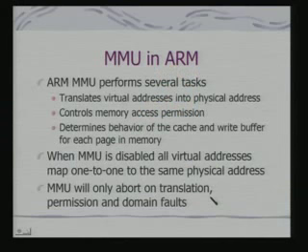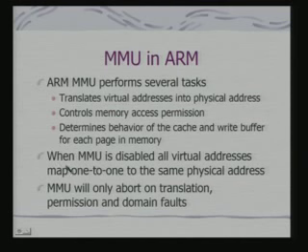So, the ARM core comes with an MMU to support virtual memory, and the primary motivation for providing this kind of MMU capability is not only to have demand paging, but most importantly to implement protection. So, like any other MMU, the ARM MMU also translates virtual addresses into physical addresses, controls memory access permission, and determines the behavior of the cache and write buffer for each page in memory.